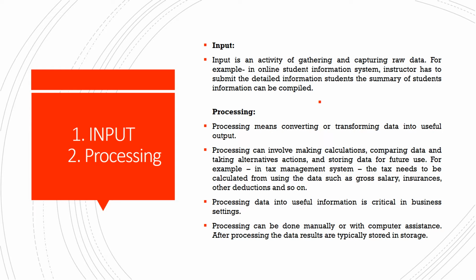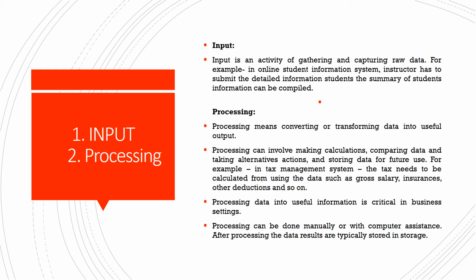For example, in an online student information system, the instructor has to submit the detailed information of students, and the summary of the students can be compiled. So what is the name of the student who is using? So these data are supplied as input. Then processing means converting or transforming the data into useful output.